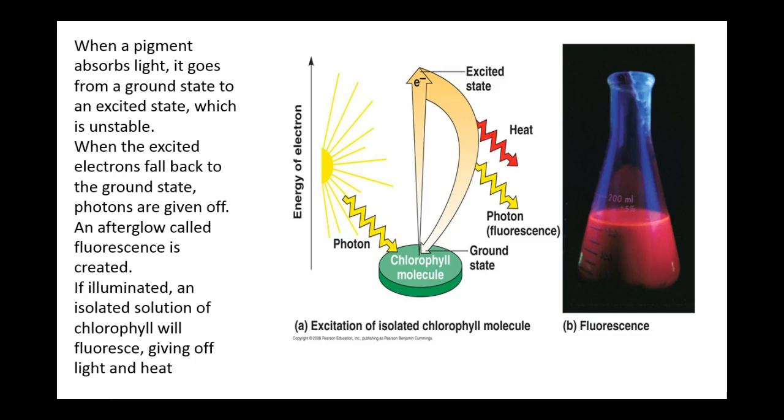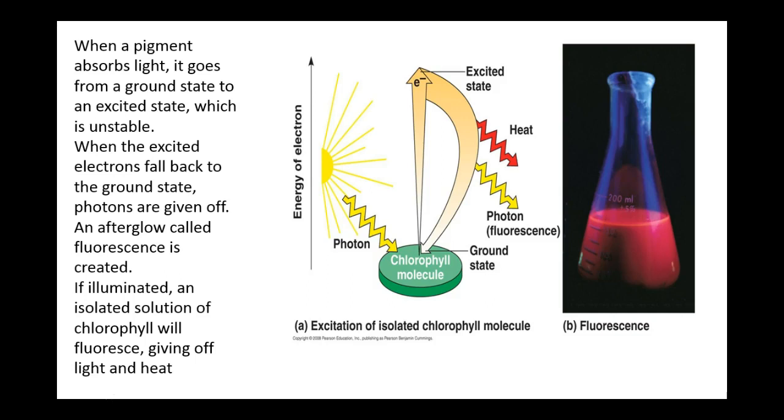When that excited, unstable electron falls back into the ground state, a photon is given off. Fluorescence is the effect that's created because of this photon being given off.